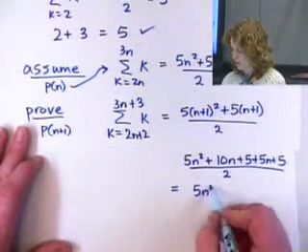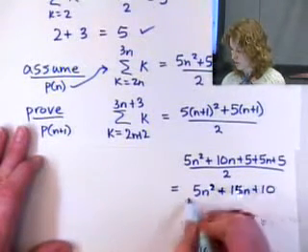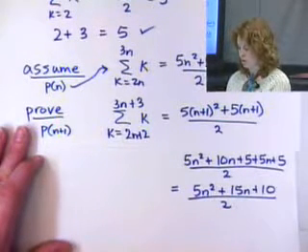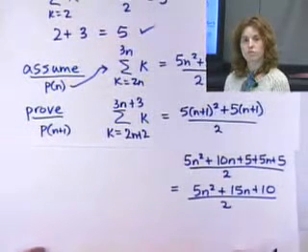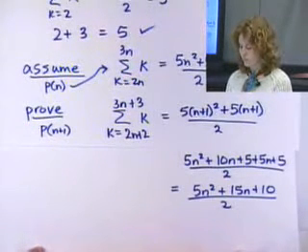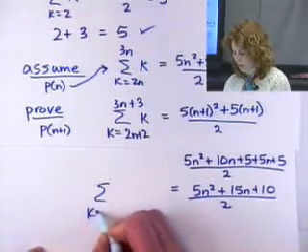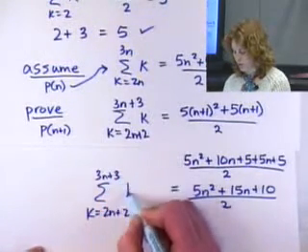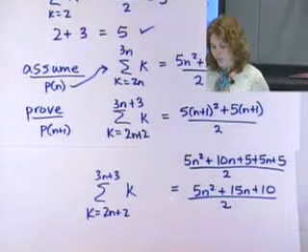And that's equal to 5n squared plus 15n plus 10 all over 2. So that's the statement we're going to try to prove, that the summation k equals 2n plus 2 up to 3n plus 3 of k is equal to this formula on the right.